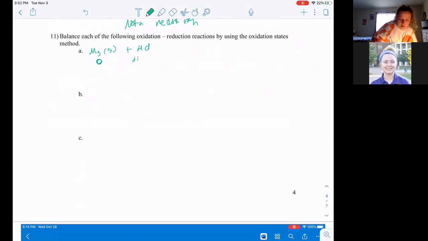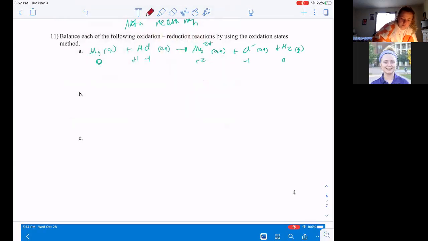HCl, +1 -1, aqueous, goes to magnesium 2+, a +2 charge, plus Cl minus, -1, aqueous, plus H2, which is gas, and that's a 0.